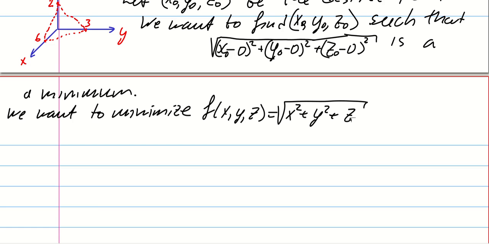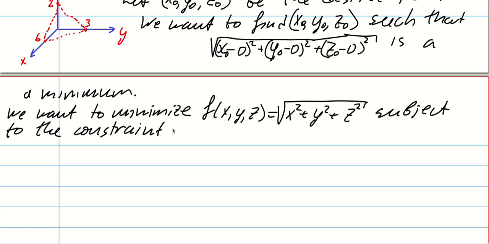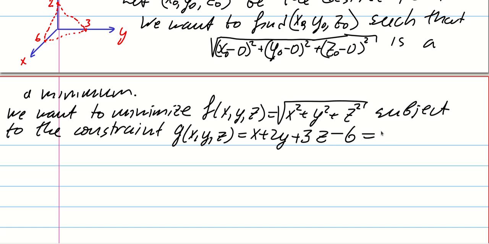Since we always subtract 0, 0 is gone. And it's subject to a constraint, right? They have to be on this plane. The constraint g of x, y, and z equal to x plus 2y plus 3z minus 6 equal to 0.